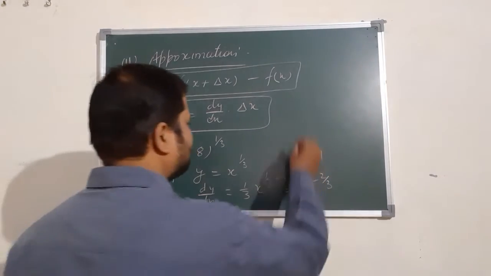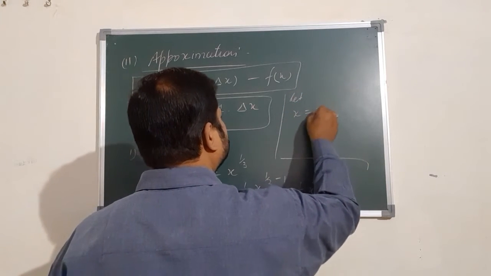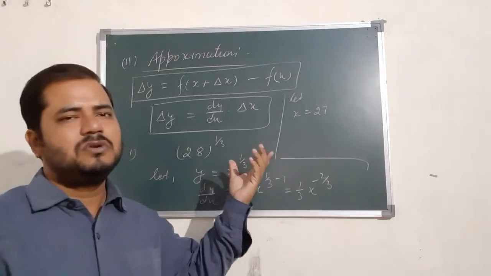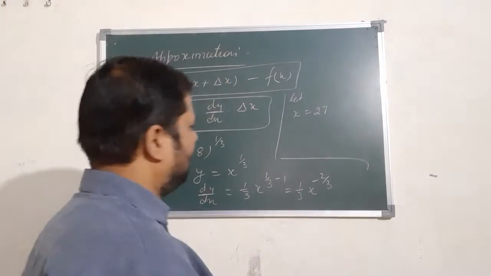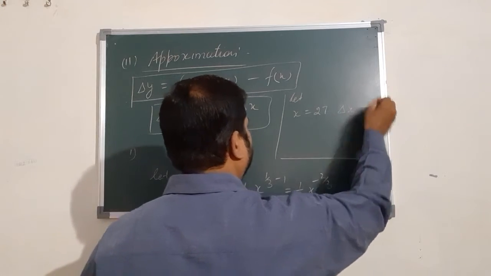And now here, let x be equal to 27, that means the nearest value of x whose cube root gives you a perfect number or whole number. Okay, so x is equal to 27 and delta x is equal to 1.